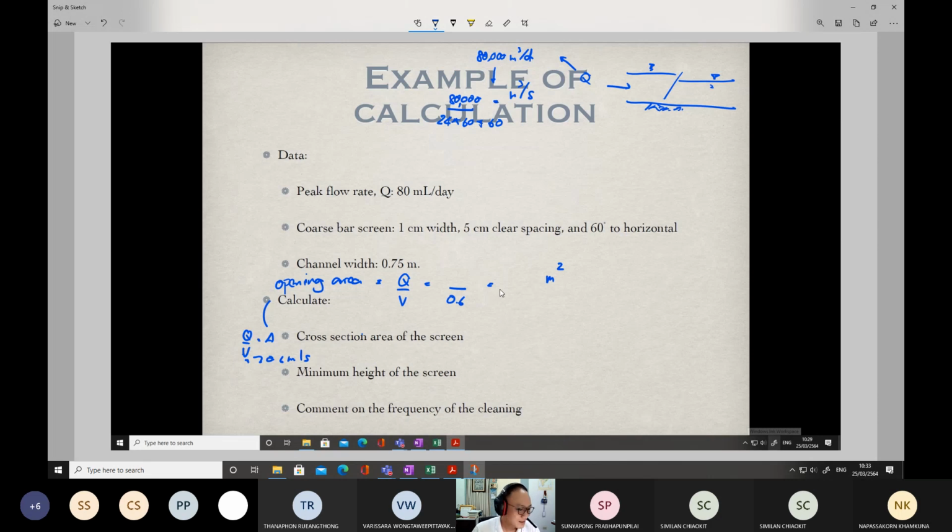Has anybody got a calculator right now? Can you just find out the value? Cubic meters per second. All engineers, and even engineering students, have to be with calculators all the time.